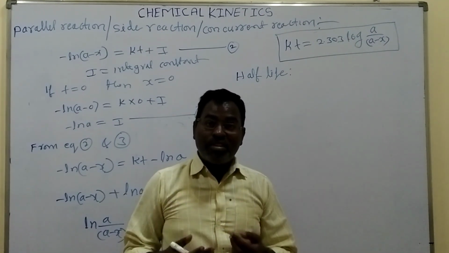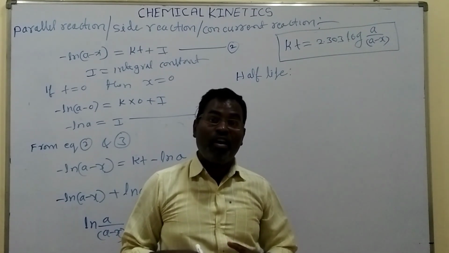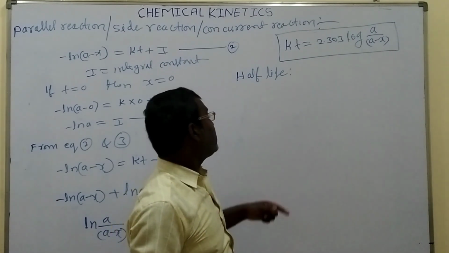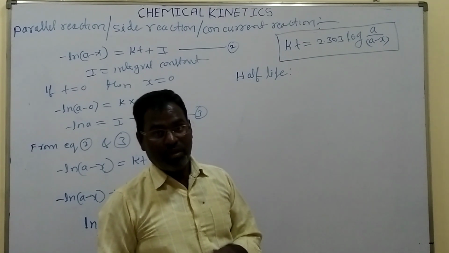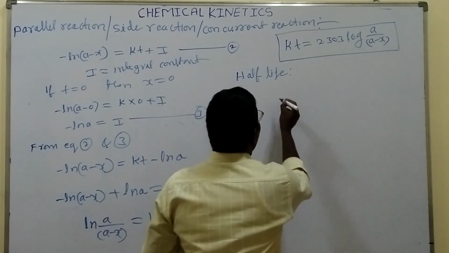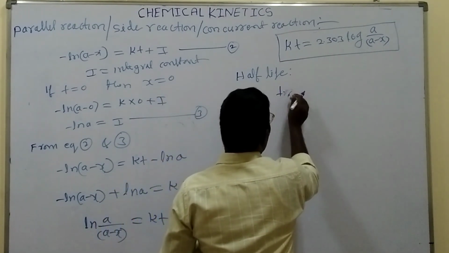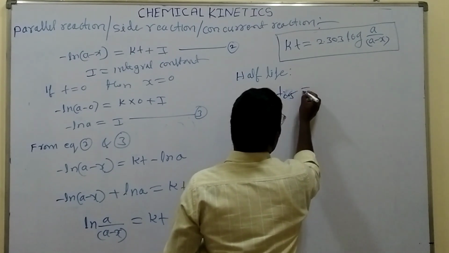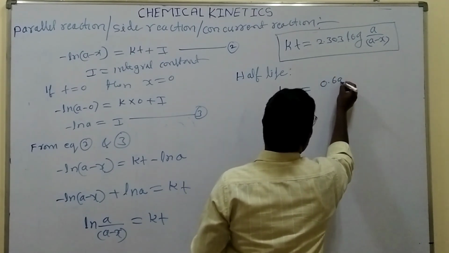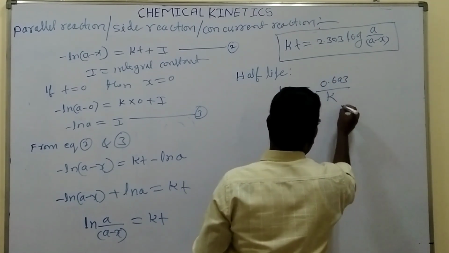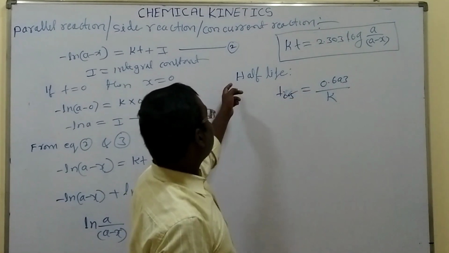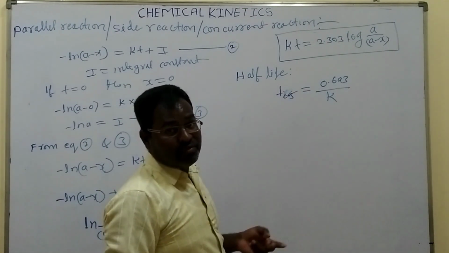The time which is required to become half of the initial concentration is called the half-life. For a first order reaction, t half is equal to 0.693 by k. Here we have k1 as well as k2.